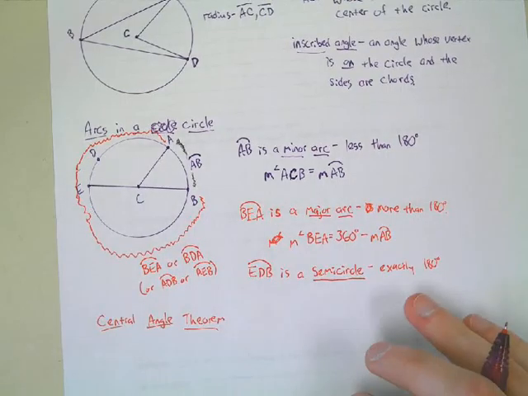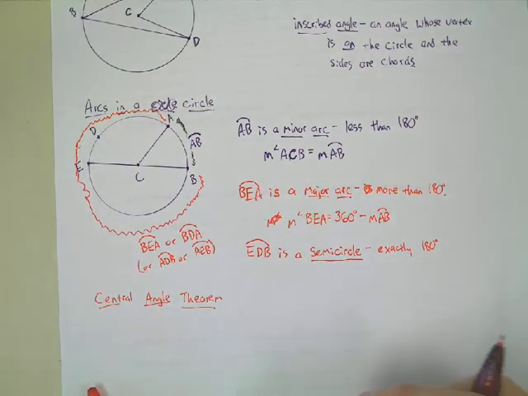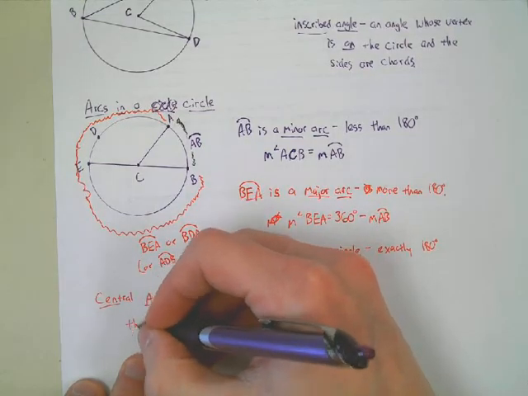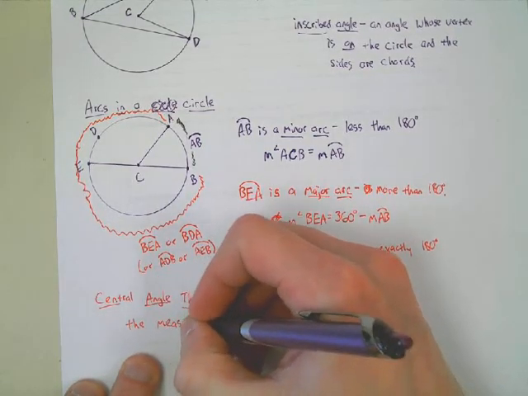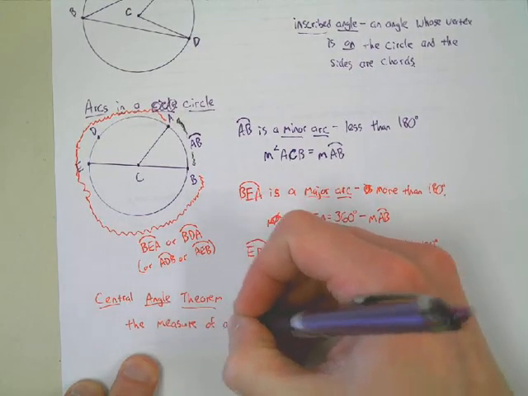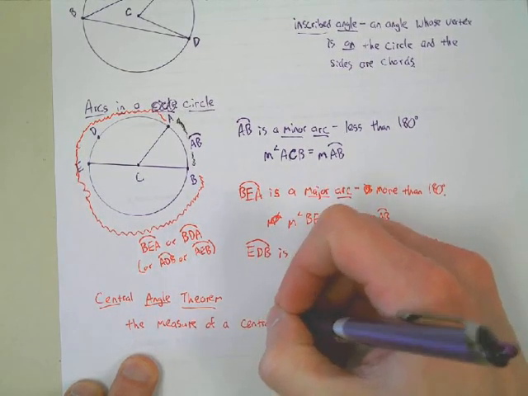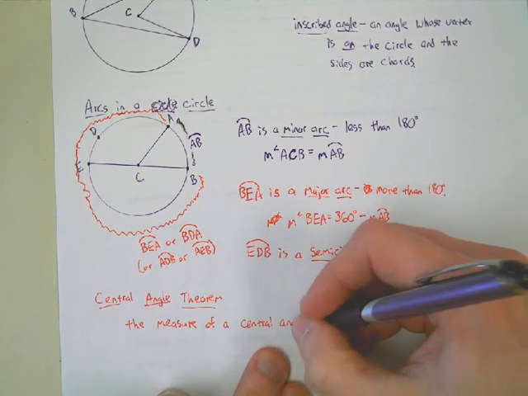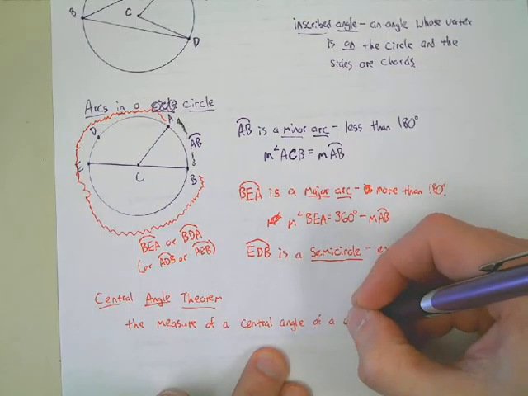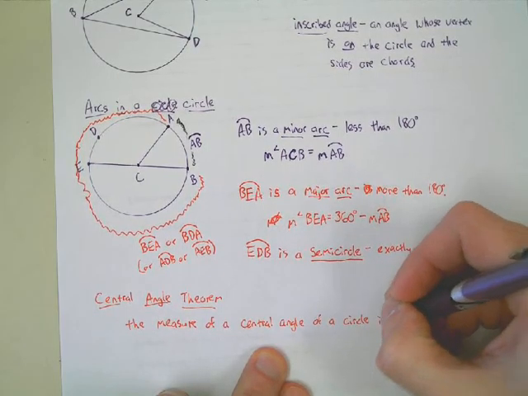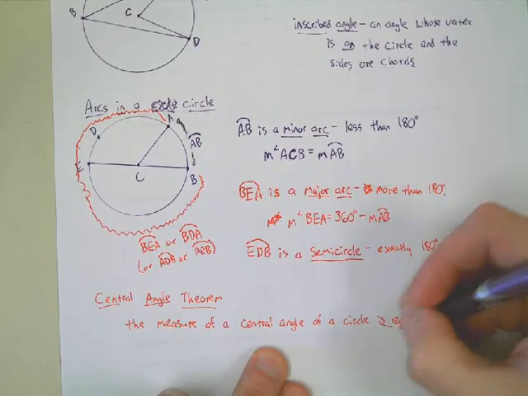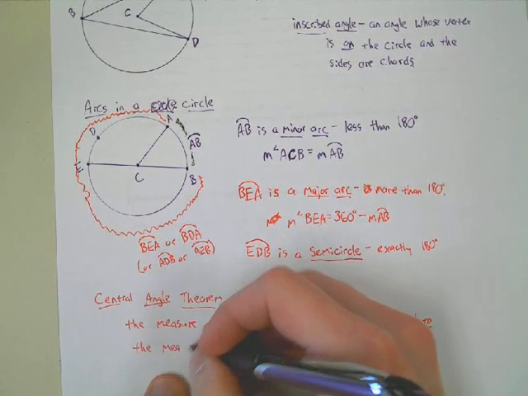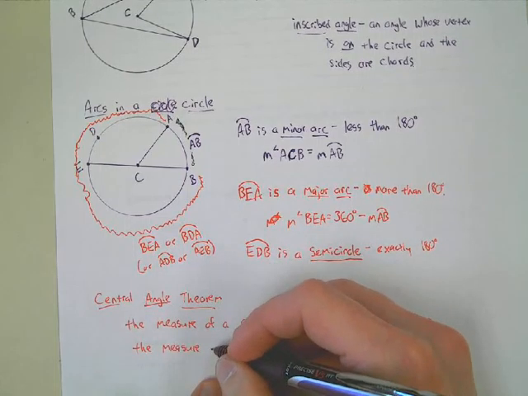Okay? It's simply this. The measure of a central angle, and this may not be a theorem, it might just be a postulate, the measure of a central angle of a circle is equal to the measure of the arc it cuts out.